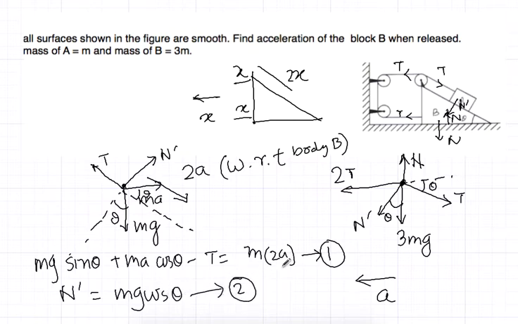This is our equation number 2. Let's come to this. What do we have to find out? We have to find out the acceleration. So far, how many unknowns are there? I think T is an unknown, N dash is an unknown, and a is of course an unknown. So we need another equation. 3 equations, 3 unknowns. So we need another equation.